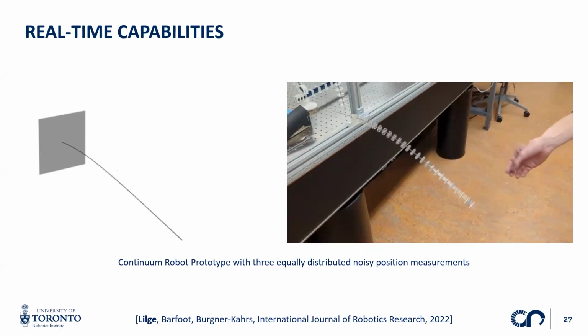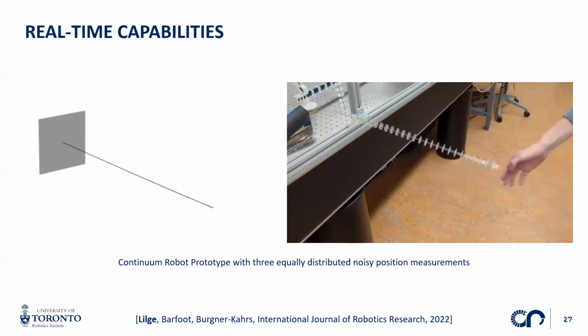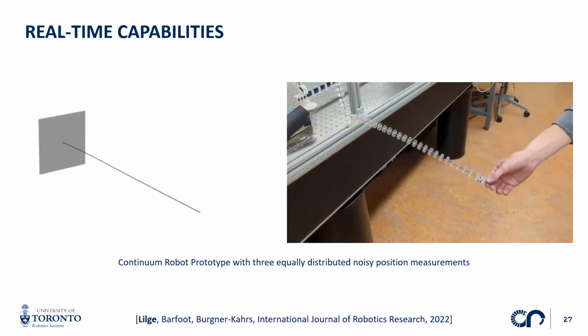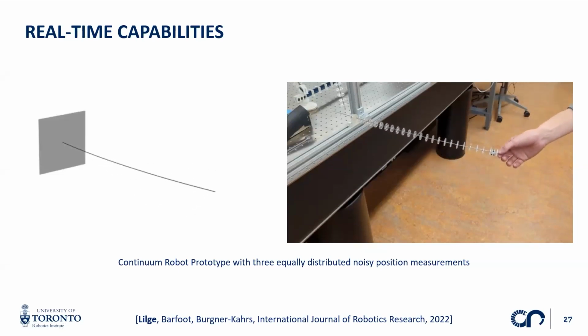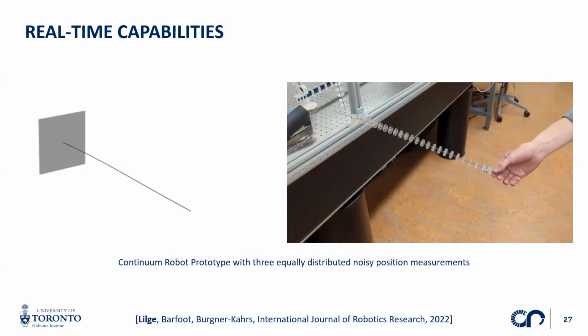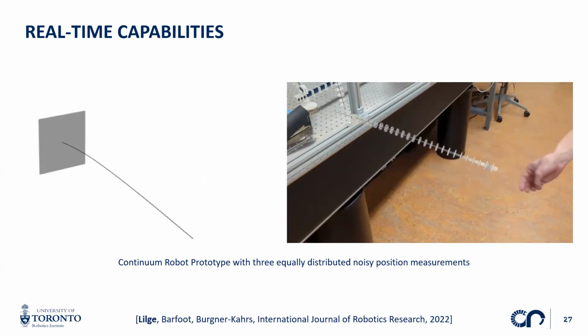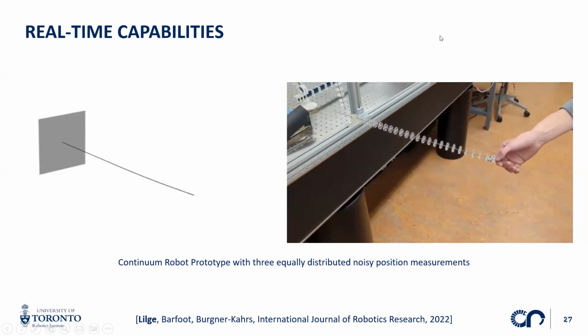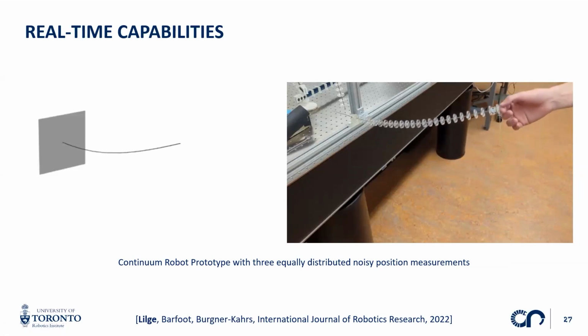I only visualize the mean of my resulting posterior distribution here, but we do get all the uncertainties in terms of covariance matrices for every estimation node along the robot as well. You can see that it's quite fast and works in real time, which is really exciting because it's often not the case if you look at other methods that do state estimation on continuum robots.